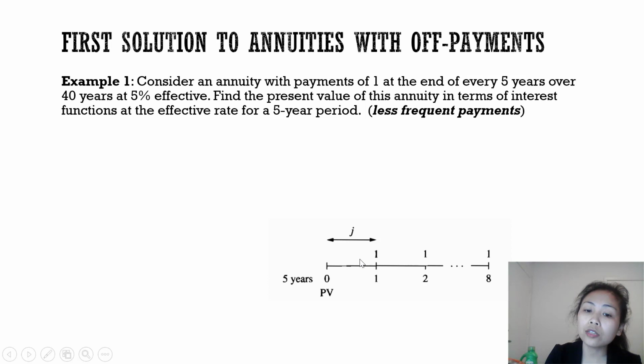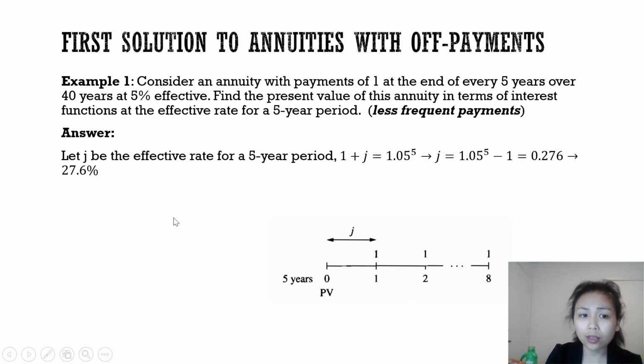The interest over 5 years, we will call it J, because the question gives you the interest 5% per year, and here J is the effective rate over the period of 5 years. So we are going to change the interest rate, making a connection between 5% and J, because we are going to use J to calculate the present value of this annuity.